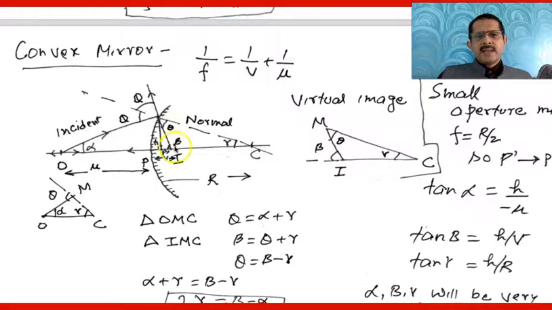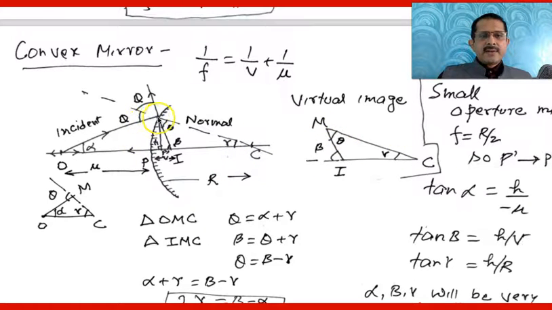This angle is beta, and let's assume this as alpha, and finally this one, let's take it as gamma. So now in this triangle I can put all the values.